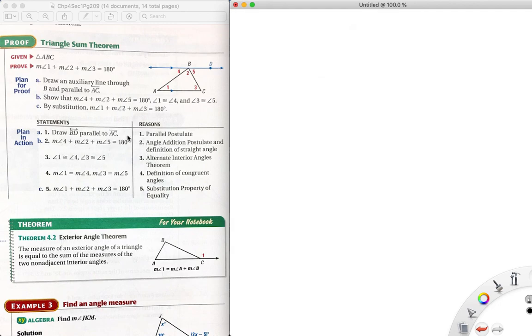They merged it into one, so I'd also recommend it. It saves time. You don't need to actually expand this part out. Angle 4 plus 2 plus 5 equals 180 degrees. And you can actually write two reasons for that and merge them. That's okay when you're drawing an auxiliary line; they can merge various reasonings in a proof. So it's the angle addition postulate, because 4 plus 2 plus 5 equals the straight line, and a straight line equals 180 degrees, and then you merge them together.